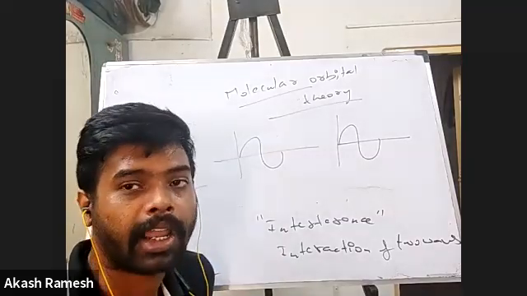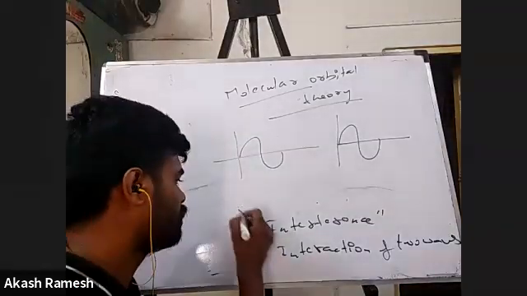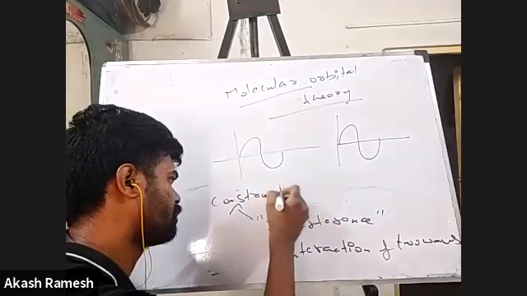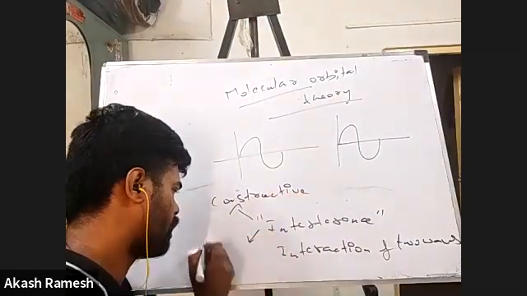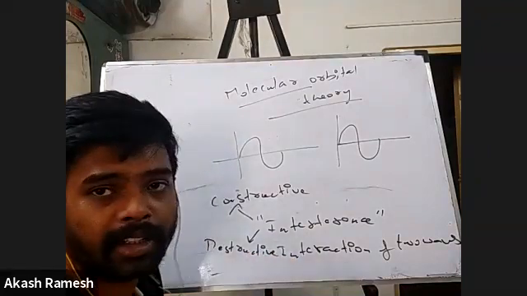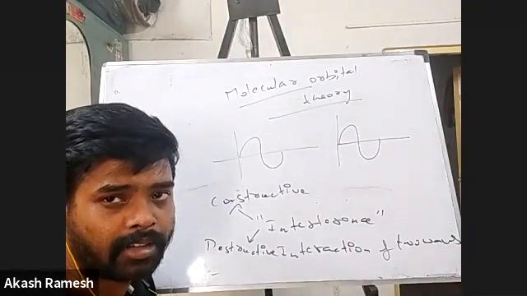In a nutshell, interference itself can be of two types. One is called constructive interference, and the other is called destructive interference.